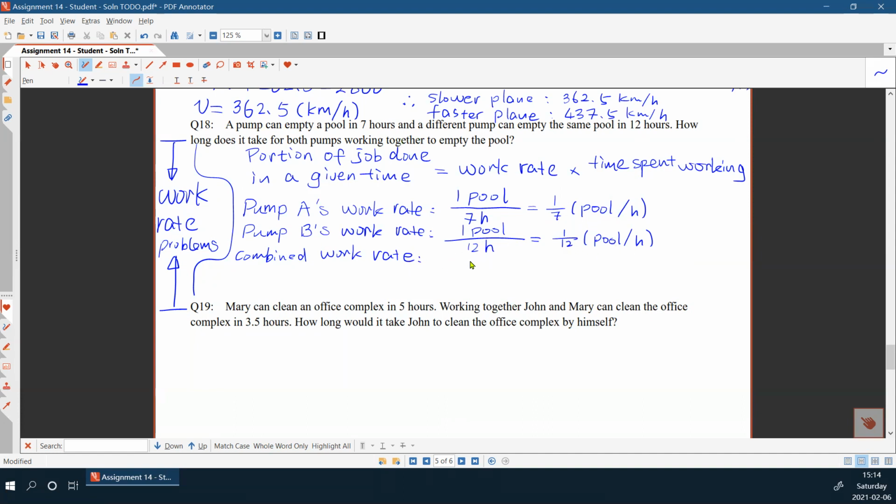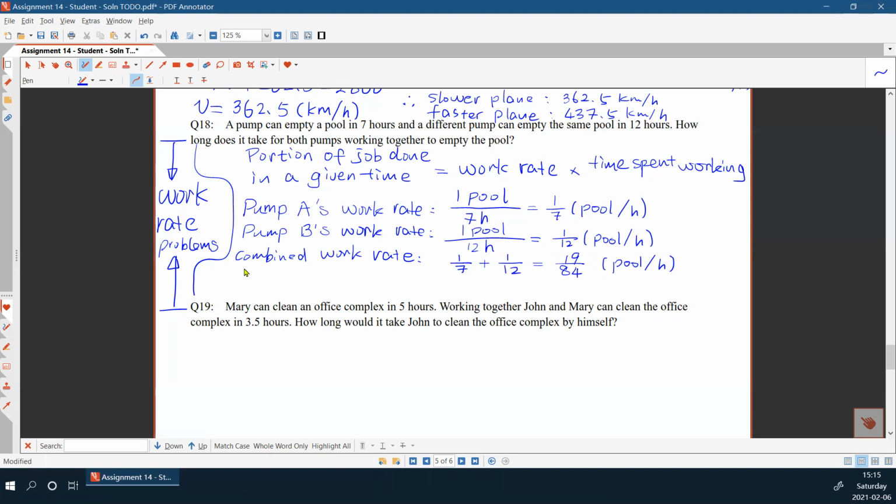So if we combine them together, you will get 1 over 7 plus 1 over 12, which is actually 19 over 84 pool per hour, right? This is the combined work rate. Do you understand?